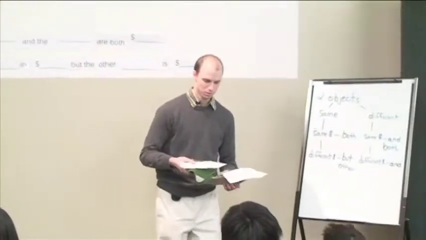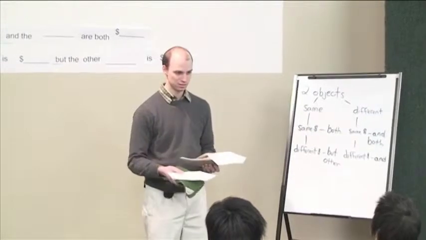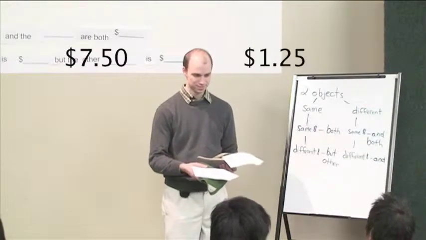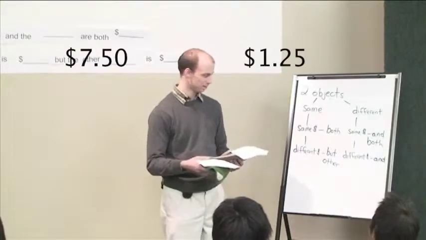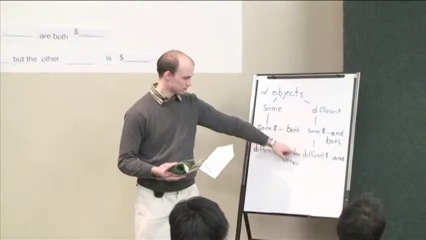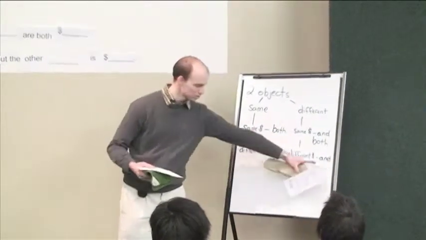Can you give me a sentence with these two objects? And two different objects, different price. Good. So we use and.